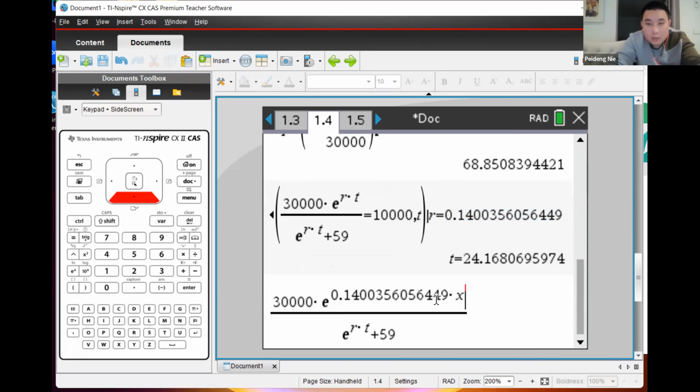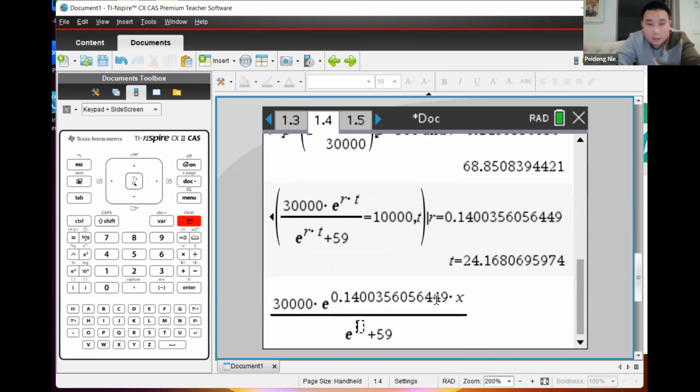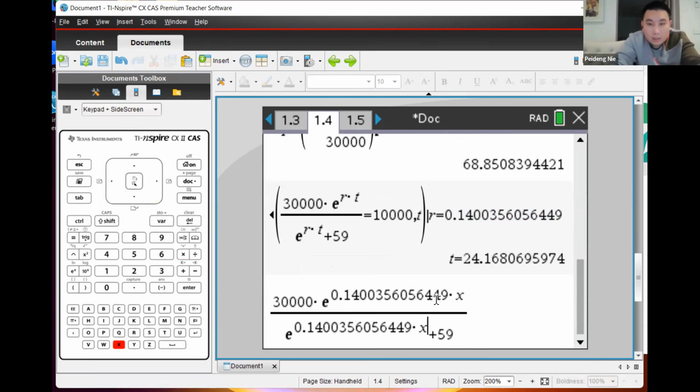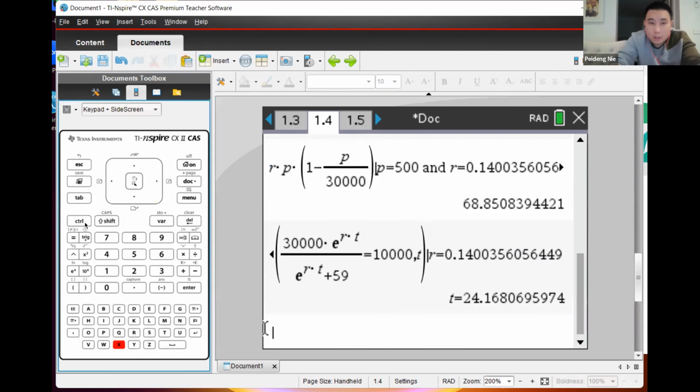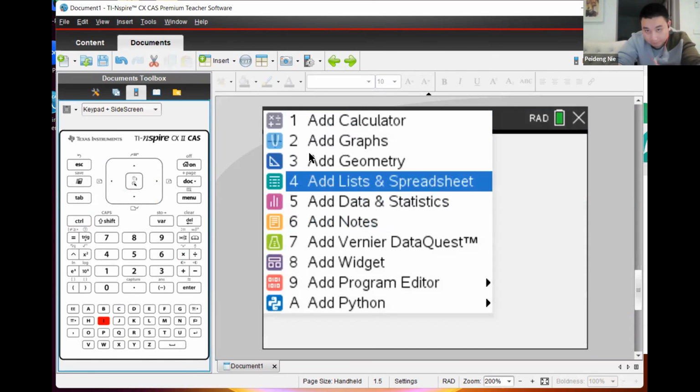Make this Tx, and copy times x. Once I get this right-hand side expression ready, I will highlight everything. Control X and Control I.